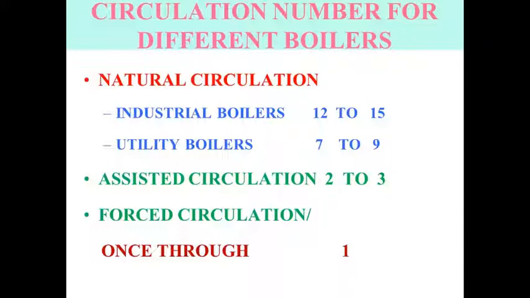In fact, 4 to 7 is at present visible for 30 megawatt to 75 megawatt units. And when we use 210 megawatt and other assisted circulation systems, we will find that the circulation number is 2 to 3. And in once-through systems like supercritical units, when operating in the supercritical regime, the circulation number is 1.